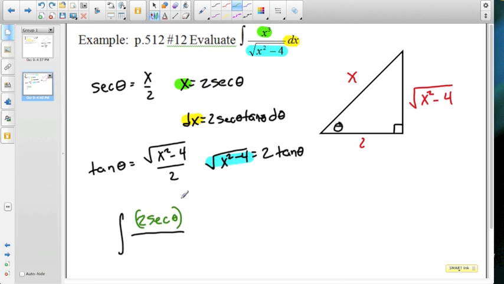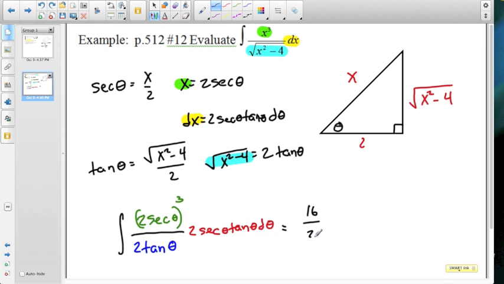We have to cube that because we have x cubed in the numerator. Our expression for dx is 2 secant theta tan theta d theta. And our expression for the radical in the denominator is 2 tan theta. So if we tidy that up and simplify it, we have 2 cubed, which is 8, times 2, which is 16 in the numerator.